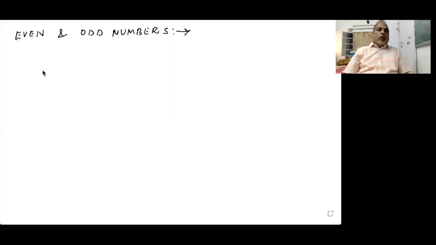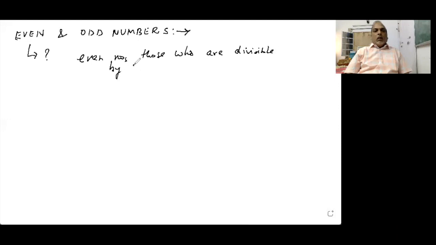Today we will talk about even and odd numbers. What are even numbers? Even numbers are those which are divisible by 2.